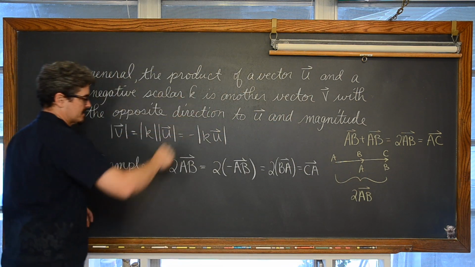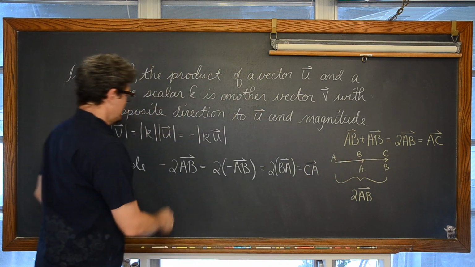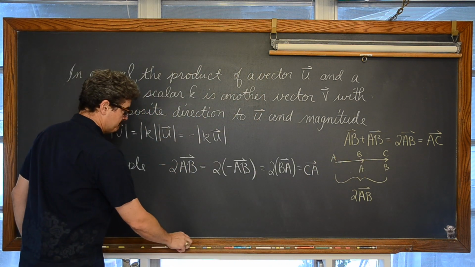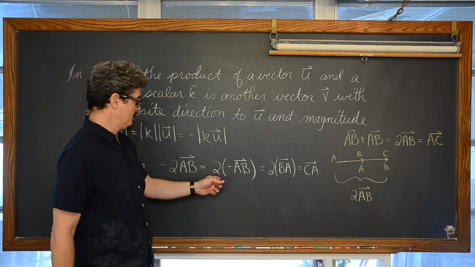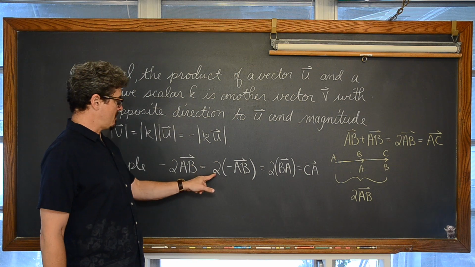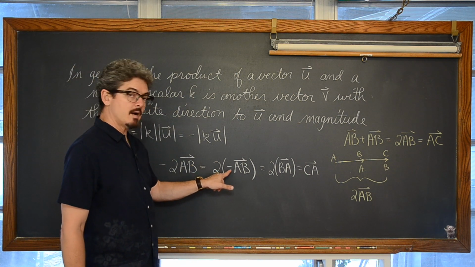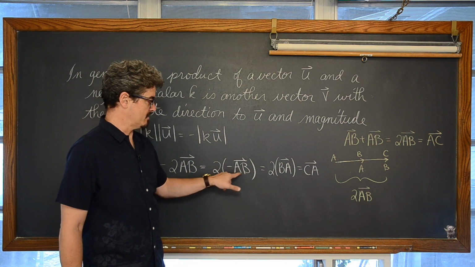So with that diagram and that idea that AB is this length going to the right, negative 2 times AB is equal to, well, that scalar multiple is going to come out, and that is 2 times the opposite of vector AB.